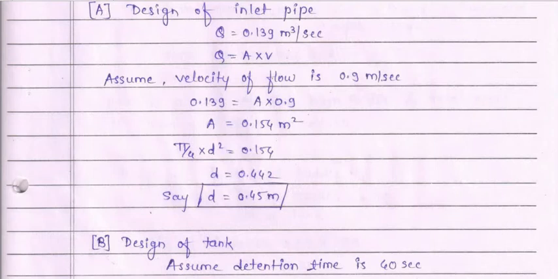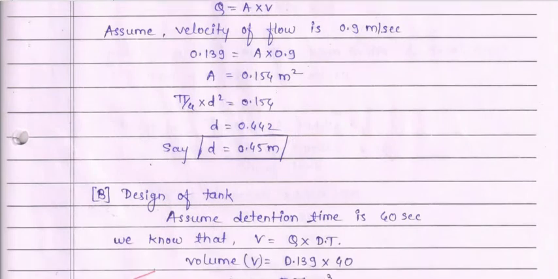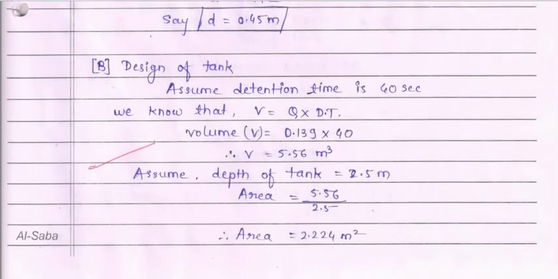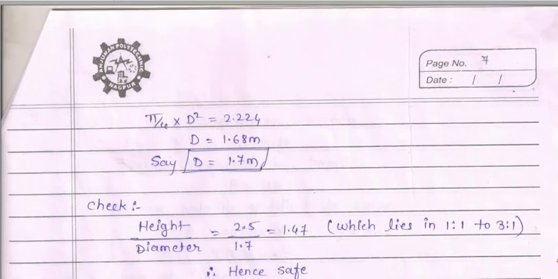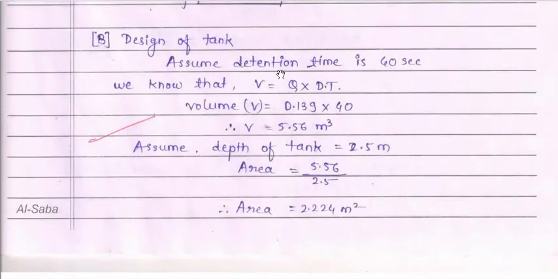Now in the second step, that is the design of the tank, we will first assume that the detention time is 40 seconds. I have just said that the detention time given for the flash mixer is 30 seconds to 60 seconds, and we are assuming it as 40 seconds.